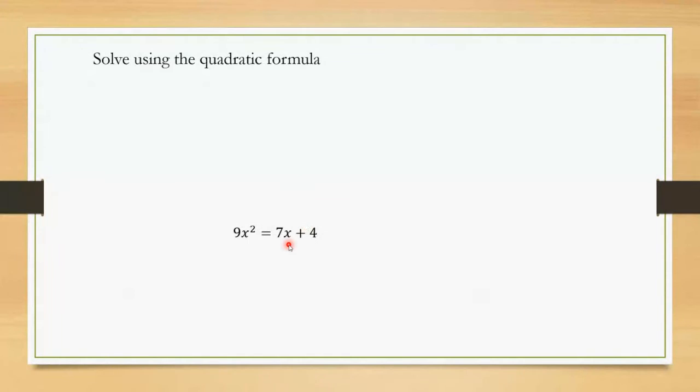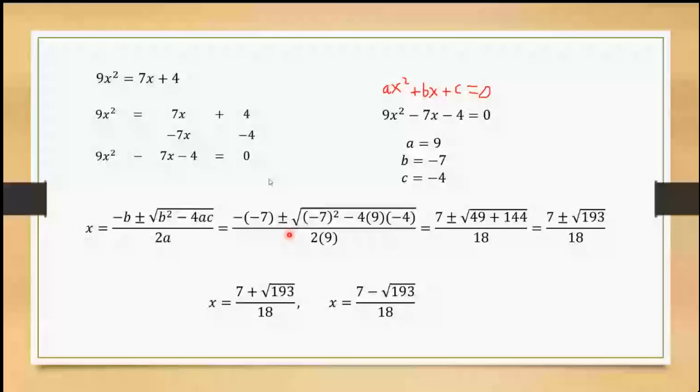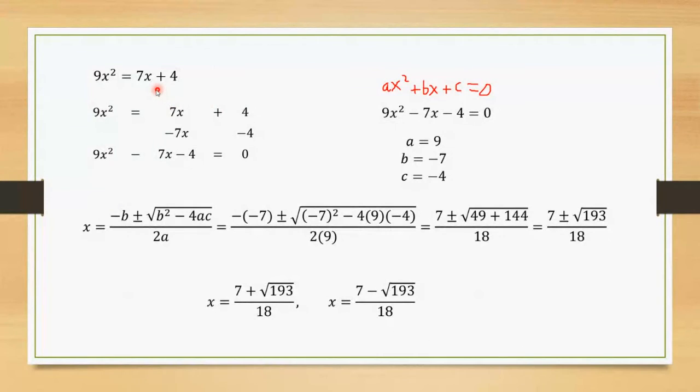So here we're also going to solve this using the quadratic formula. This one might be tricky to factor, so you'll see it's good to use the quadratic formula. Okay, so again, first you want to make sure it's in the right form, standard form, where the right-hand side is 0.